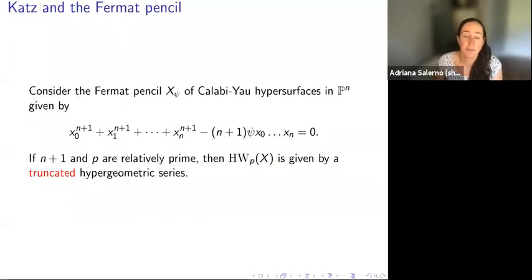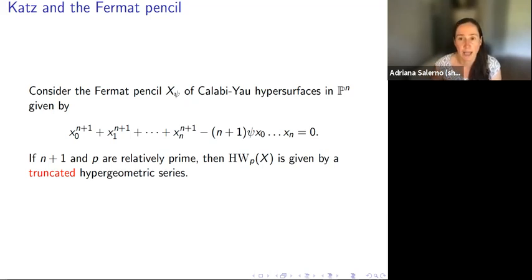And he in fact did most of this work using the Fermat pencil, or what he calls the Dwork pencil, which is this sort of pure powers like x naught to the n plus 1, etc., minus this monomial deformation. So this is why I called it Fermat, because you just have each variable to the nth power, right?